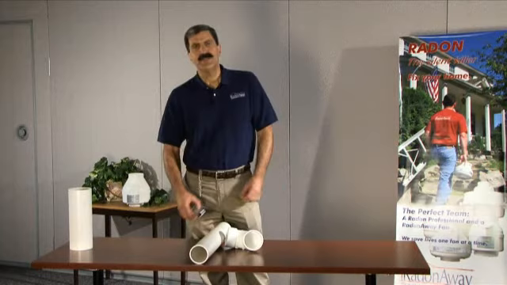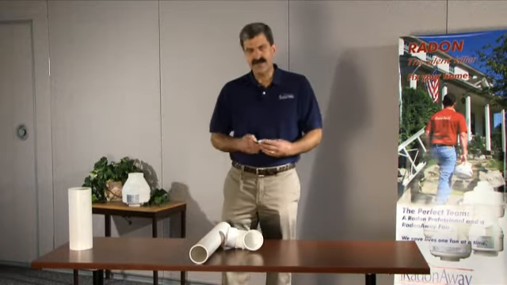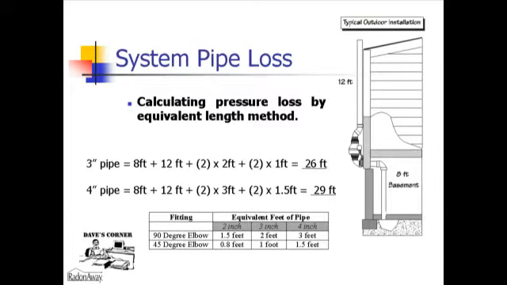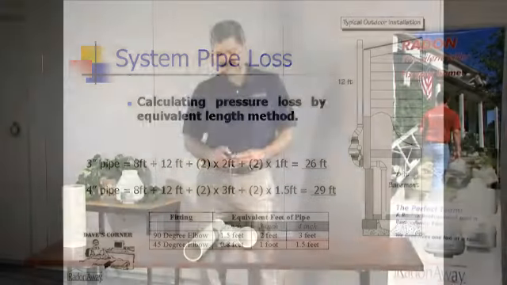And similarly, and you can see in the chart, we can also do this for 4-inch pipe. Calculating the equivalent length of this system in 4-inch pipe, we come up with a total of 29 feet of length.